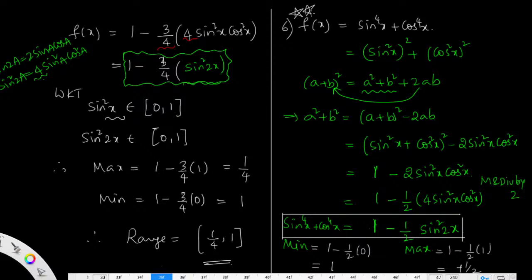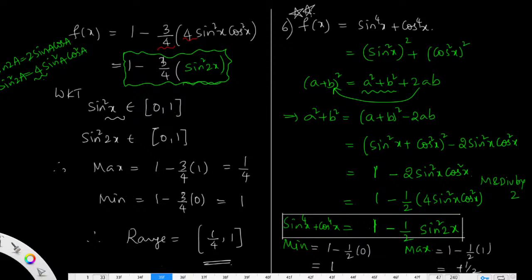Next question is like this: f of x equals cos power 4x minus sin power 4x. For the previous one, the range is 1 by 2 comma 1. Range is always written with the lesser number first, the minimum value, and afterwards the maximum, so you have to write 1 by 2 comma 1 only.